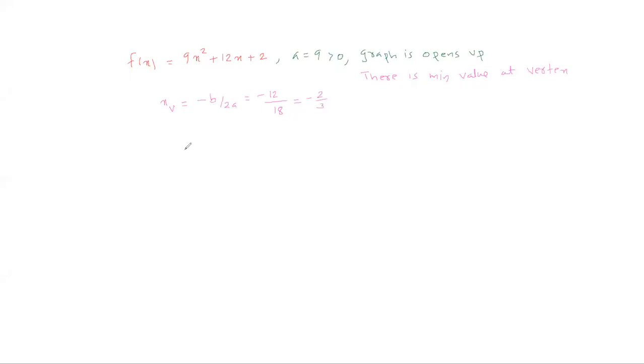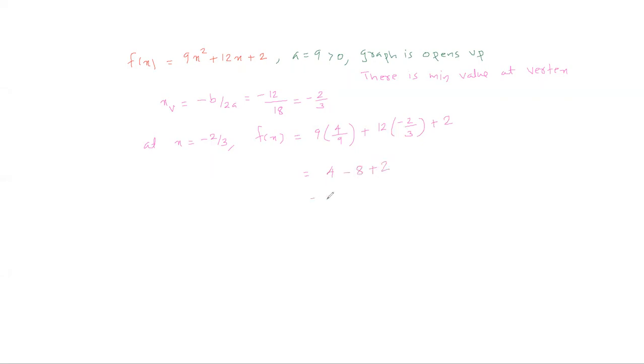So substitute that value. So at x is equal to minus 2 by 3, f of x, value of the function is equal to 9 into minus 2 by 3 का square 4 by 9 plus 12 into minus 2 by 3 plus 2. So 9 cut होगा 4, 12 in 3 cut होगा 4, 4 into minus 2 minus 8 plus 2.